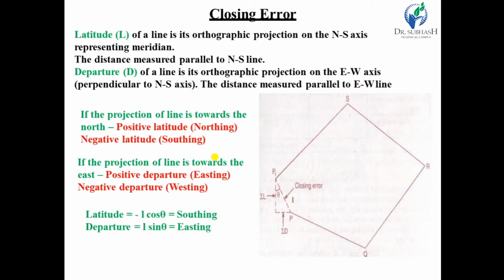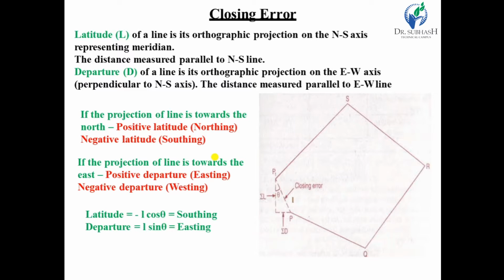Latitude L of a line is its orthographic projection on the north-south axis representing the meridian, the distance measured parallel to the NS line. The departure of a line is its orthographic projection on the east-west axis, perpendicular to the north-south axis, the distance measured parallel to the east-west line.